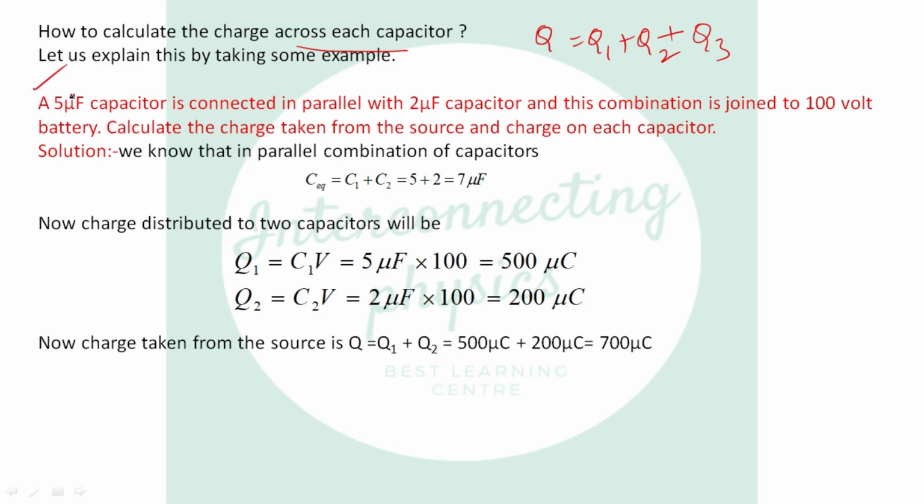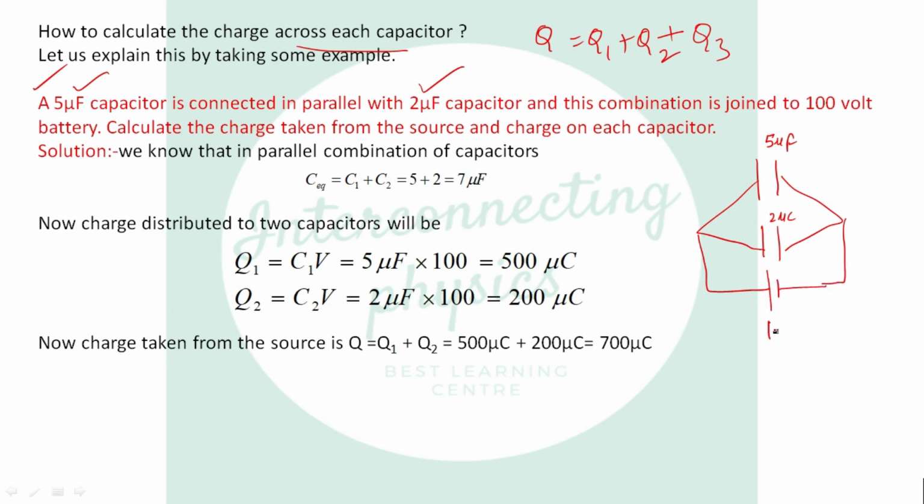Suppose a 5 microfarad capacitor is connected in parallel with a 2 microfarad capacitor, and this combination is joined to 100 volts. Suppose we have two capacitors, 5 microfarad and 2 microfarad, connected to a battery having voltage 100 volt.